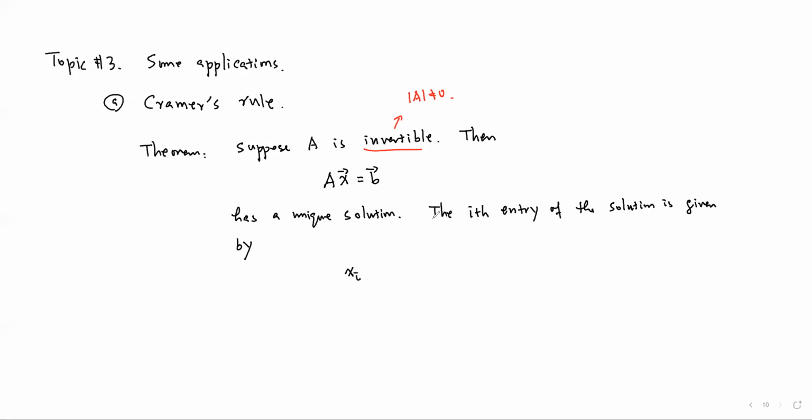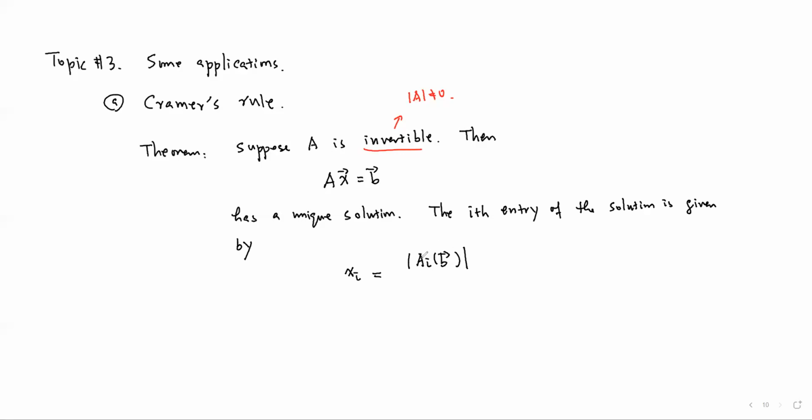Xi, yeah, X is a vector of the unknowns. The ith unknown is equal to determinant of A_i(B). I will tell you what A_i(B) means.